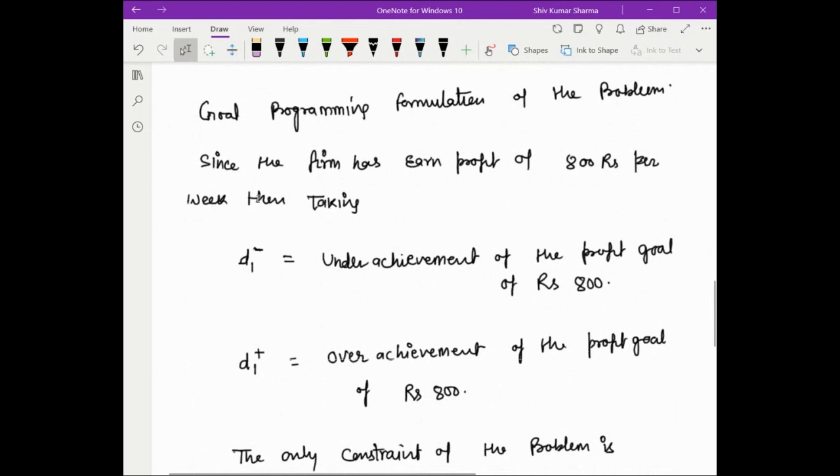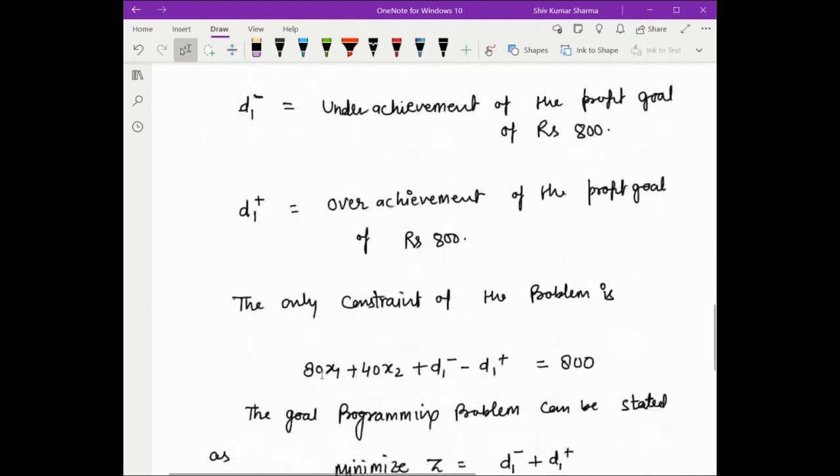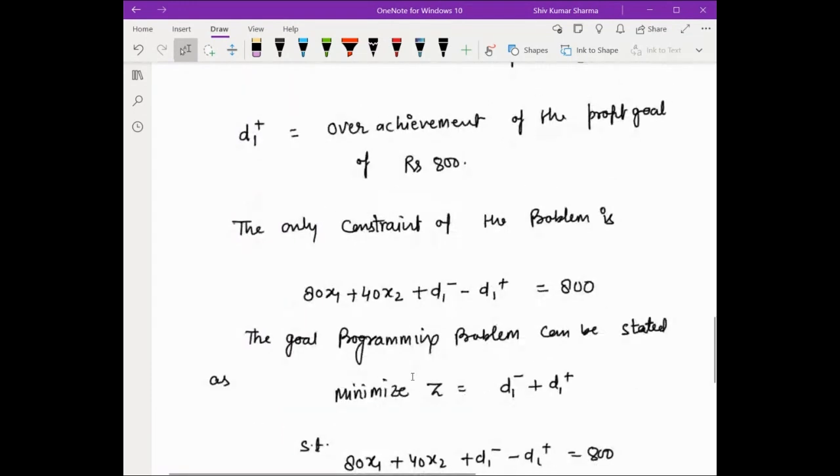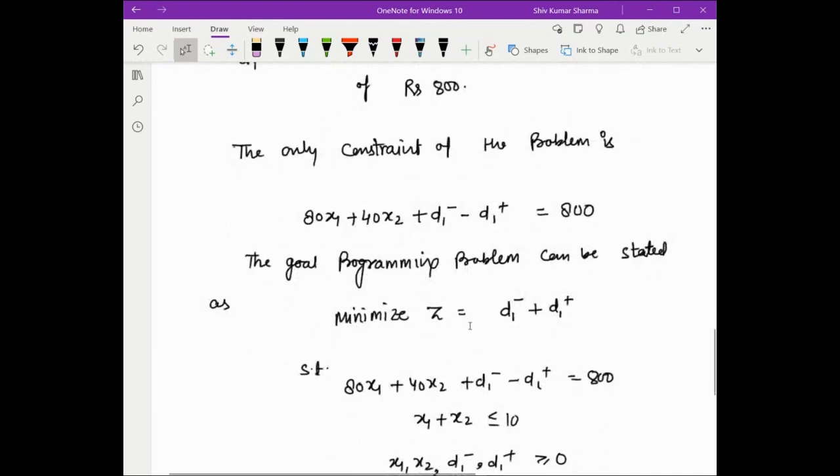For goal programming, we use two new variables, d1 minus and d1 plus. d1 minus is underachievement, where the profit is less than 800, and d1 plus is overachievement, that means we got more than 800. So we make the constraints in this form, and in goal programming we minimize the function.